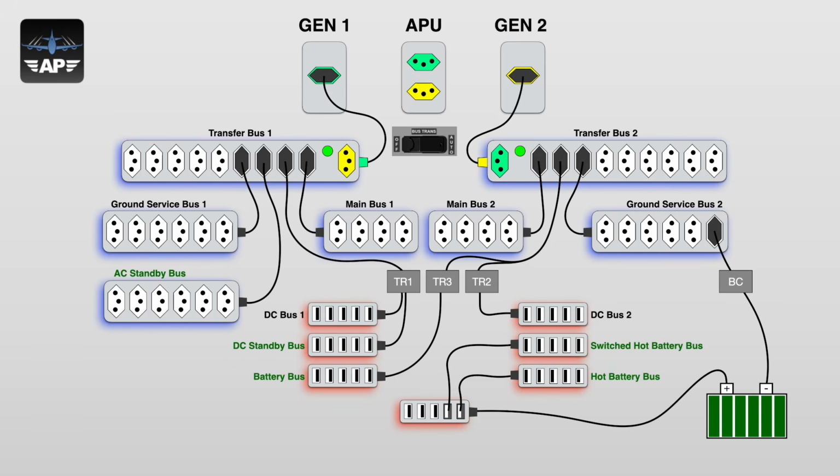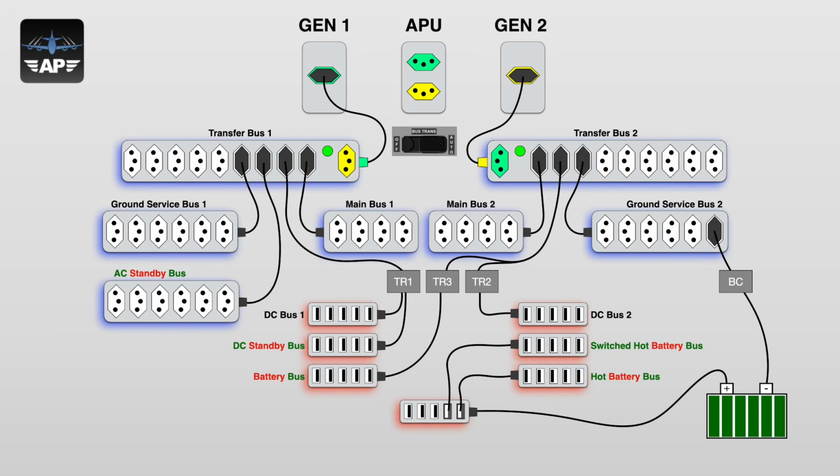That is, the switched hot battery bus, the hot battery bus, the battery bus, the DC standby bus, and finally the AC standby bus. At this very moment they are all energized and their main source of power is generator 1 and generator 2. Even those connected to the battery are indirectly being fed by the generator via the battery charger.